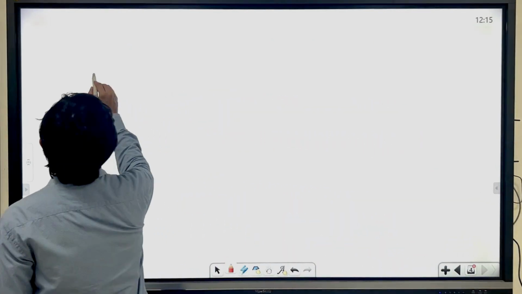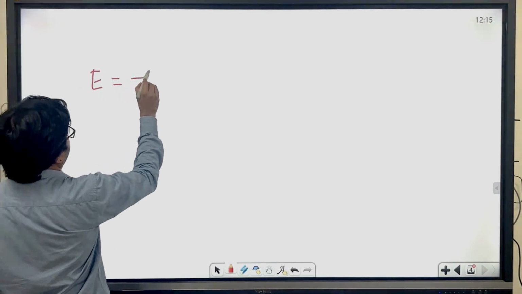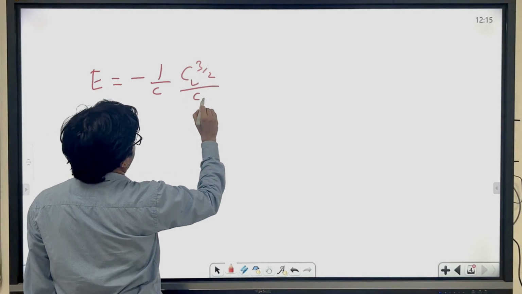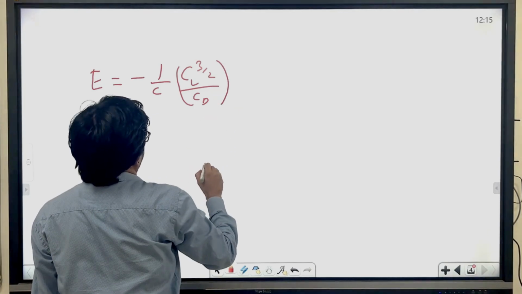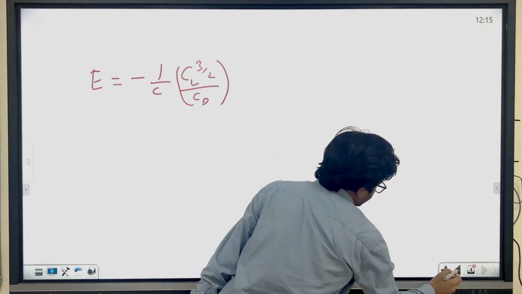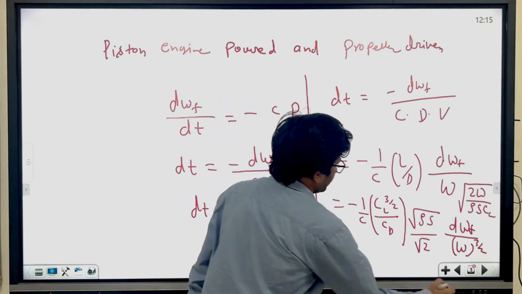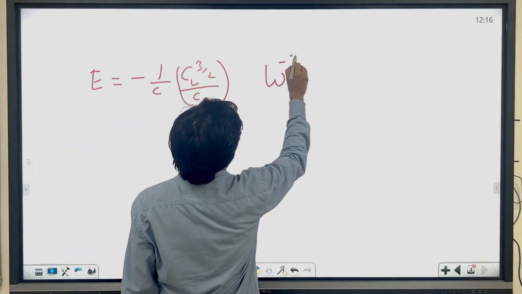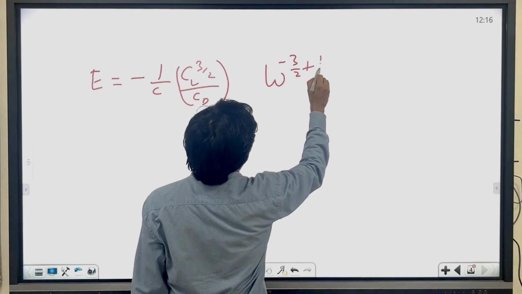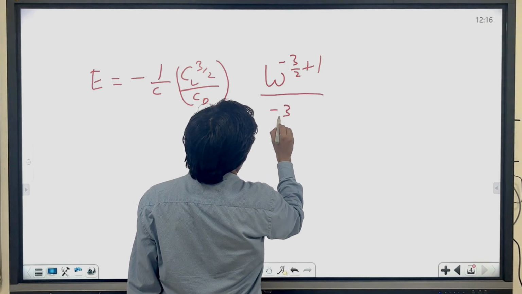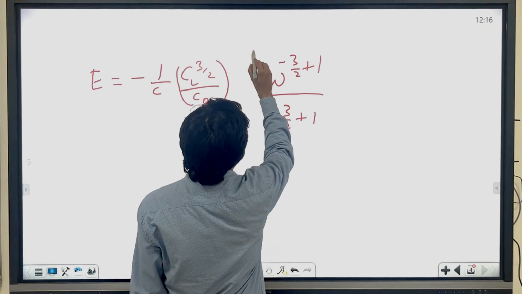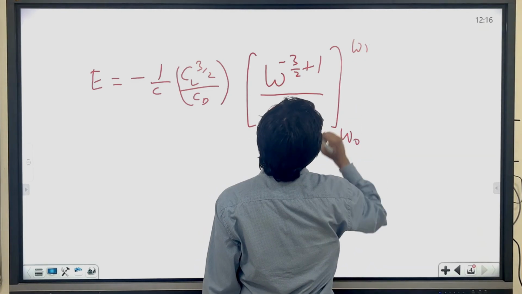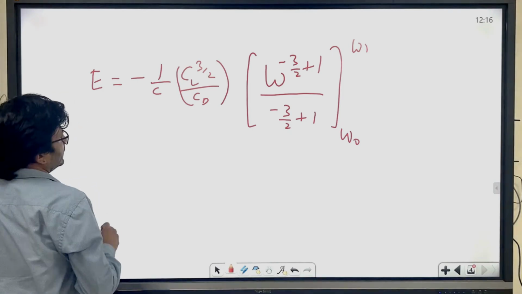So now E equal to minus 1 upon C, CL power 3 by 2 CD, and if you integrate, since this is dt, it will become E, and here it will be minus 3 by 2 plus 1, and this limit starts from W0 to W1.